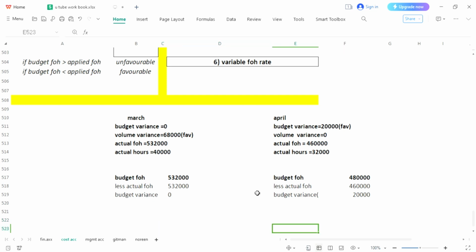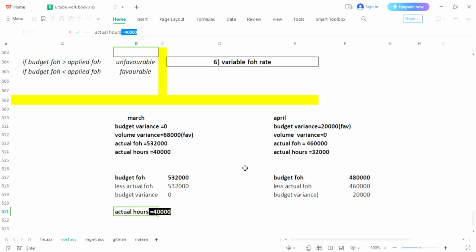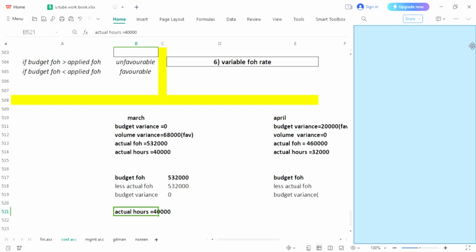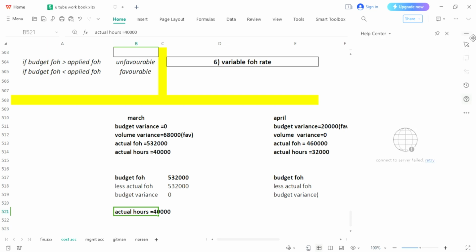We have two months, March and April. For March, we have actual hours, and for April, we have actual hours. So actual hours are going to be written over here. We don't need this 40,000 which is present over here. The information is not going to be put over here. Sometimes this creates a problem.